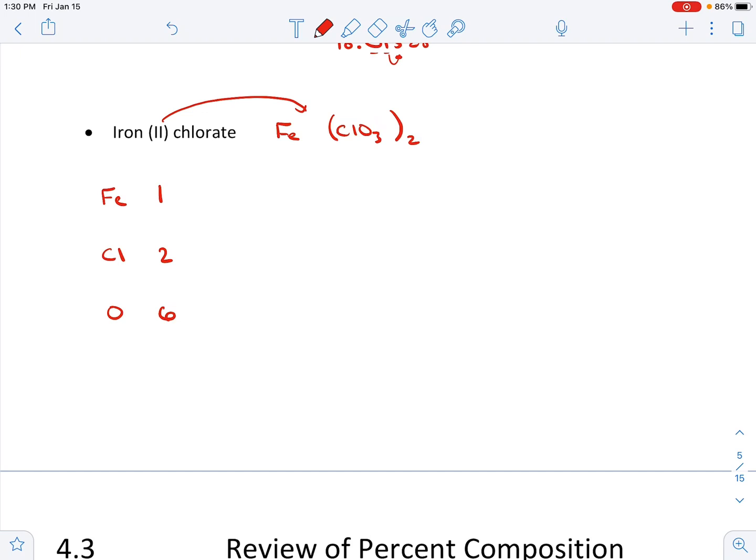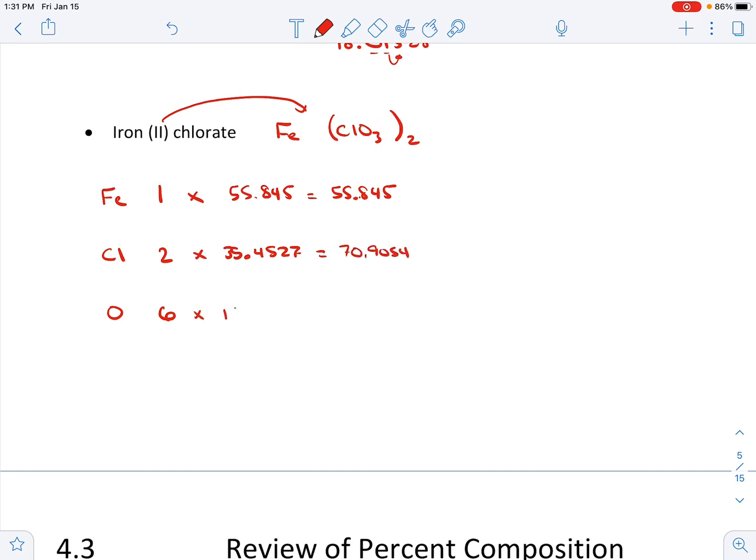All right? So we're going to take 1 times the atomic mass of iron, which is 55.845. And then we have 2 times 35.4527, which gives us 70.9054.